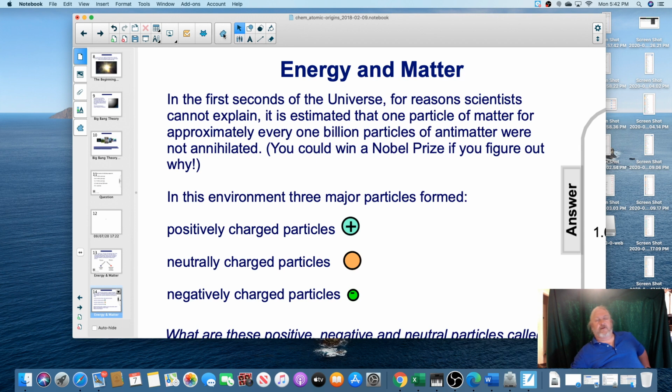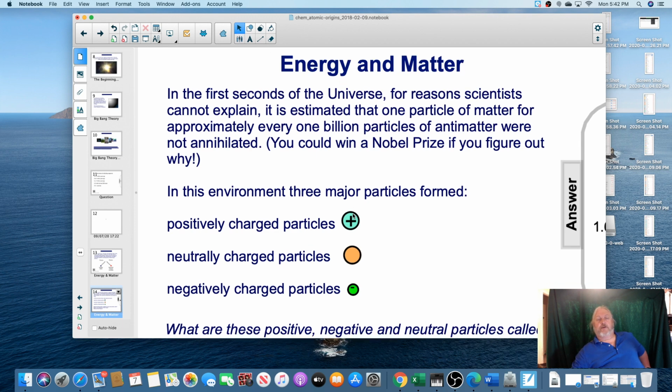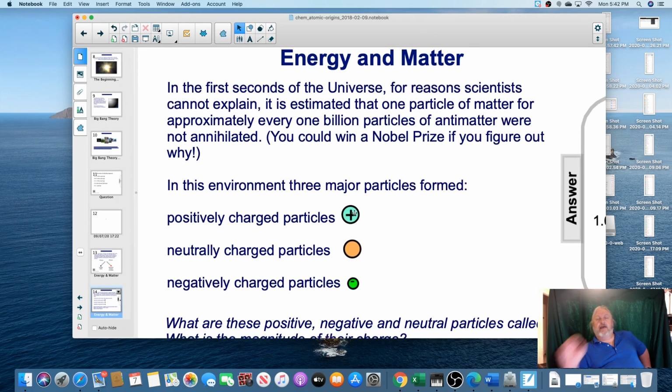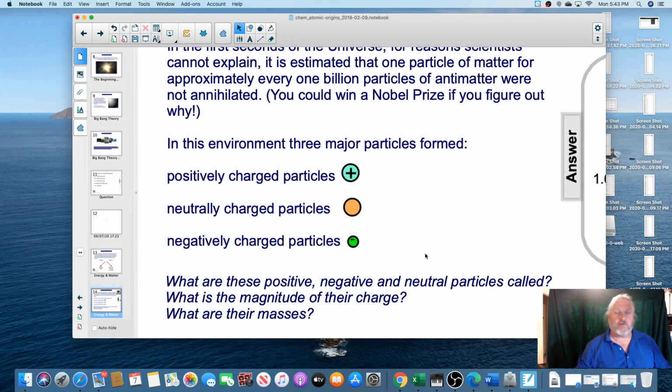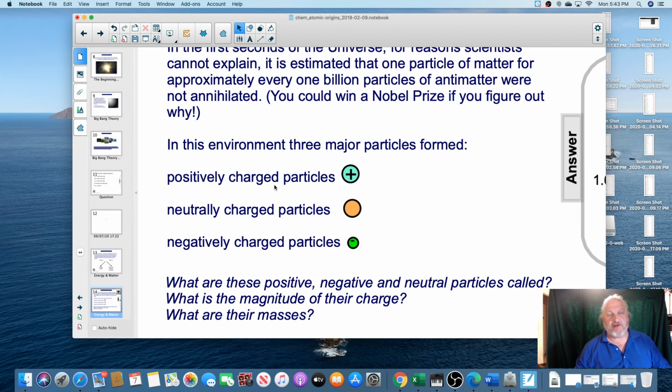In the first seconds of the universe, for reasons scientists cannot explain, it's estimated that one particle of matter for approximately every 1 billion particles of antimatter was not annihilated. Now, why did this happen? Well, if you figure that out, invite me to your Nobel Prize ceremony. You'll get it. So, three major particles were formed. One was positively charged particles, the other were neutrally charged particles, and then we also had negatively charged particles.